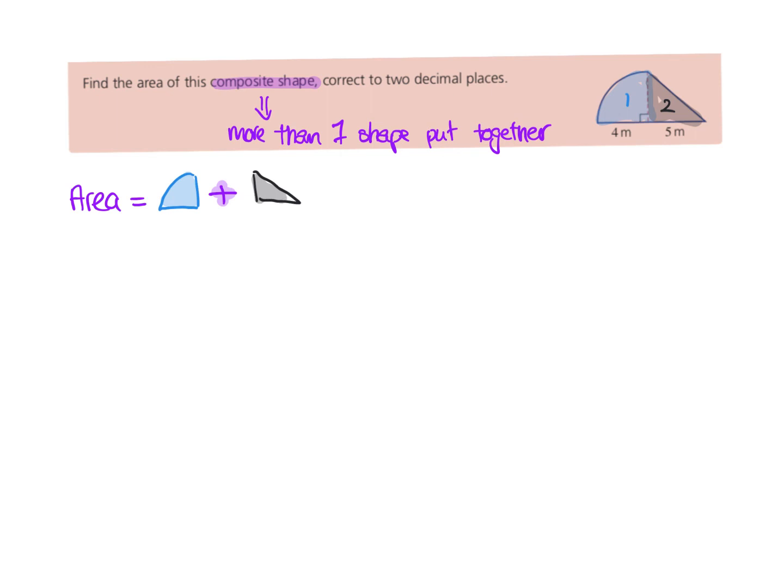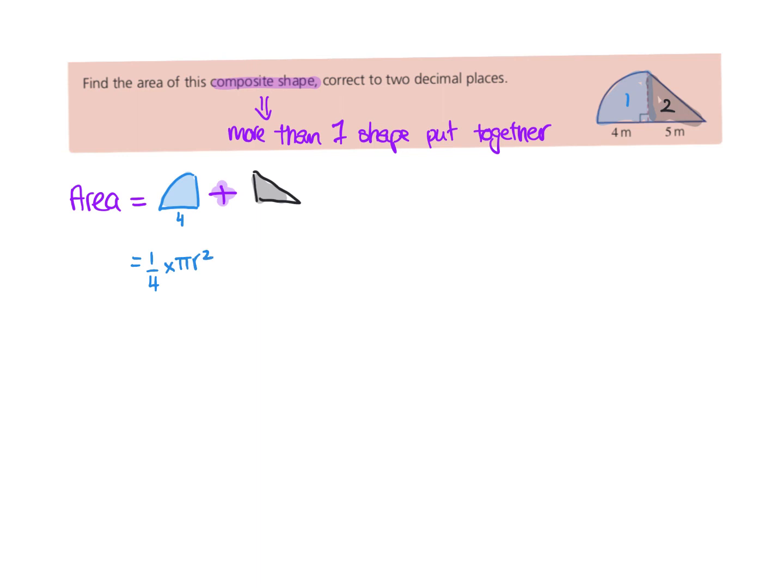So now I'm going to write the formulas for area of those parts. Here I've got this shape here. They said that's 4. And I'm going to say it's a quarter of a circle. Is that true? Yes. So I'm going to say a quarter of the formula for area of a circle, which is pi r squared.